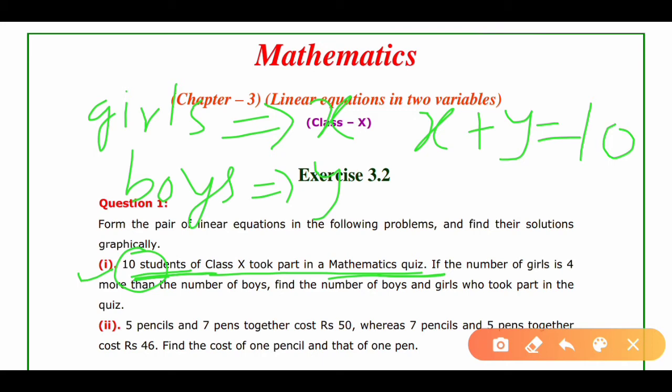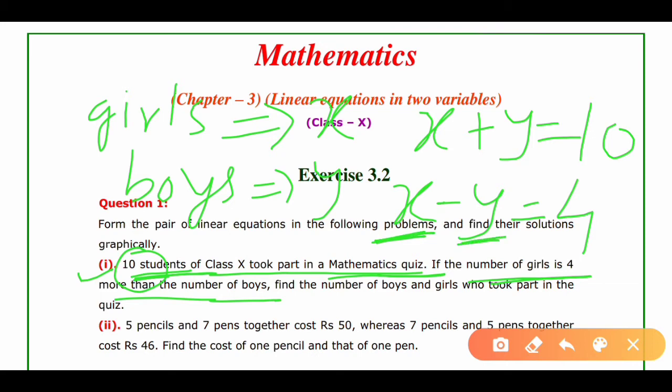Clear? Now the second condition: the number of girls is 4 more than the number of boys. So X minus Y will be equal to 4, because girls are more than the boys, as given in the numerical.